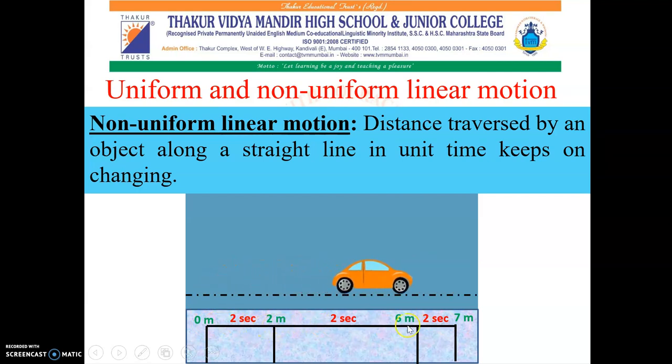In next 2 seconds, it is covering a distance equal to 4 meters. And in the last 2 seconds, it is covering a distance of 1 meter. So in unit time, that is every 2 seconds, the distance covered by the car keeps on changing. So this is non-uniform linear motion.